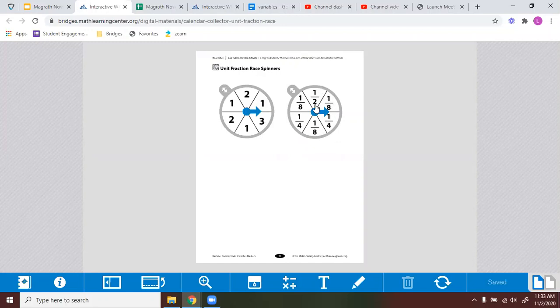So this is 1/2, this is 1/8, 1/4, 1/8, 1/4, 1/8, and then back to the top again, 1/2. So they're all 1 somethings. That 1 in the top of the fraction, we call that the numerator. All of these unit fractions have a numerator that is 1. It's 1 out of so many equal parts of the whole.